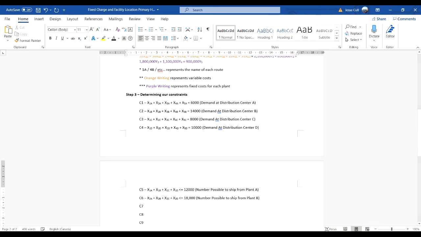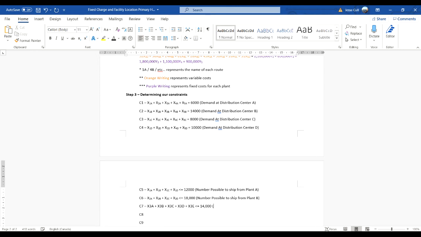And that's because those are the amount of goods that exist there. So X3A plus X3B plus X3C plus X3D is less than or equal to 14,000.